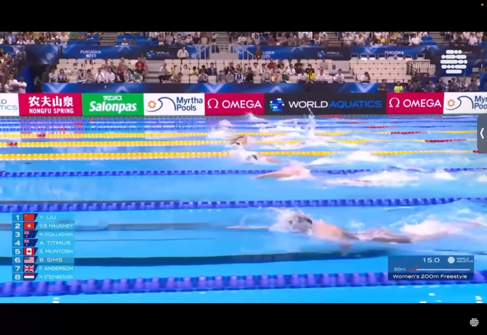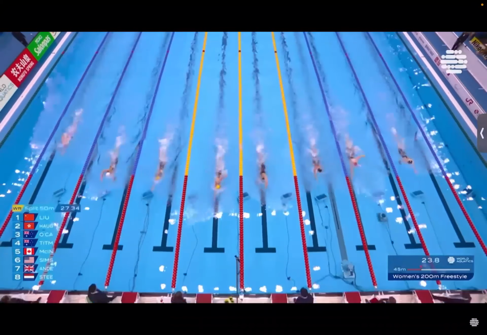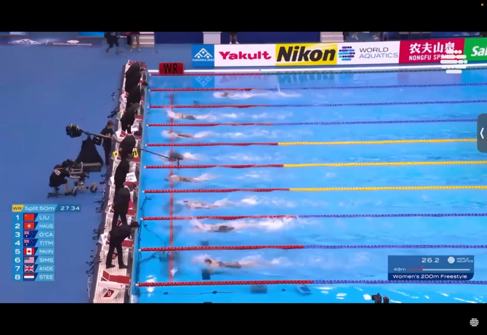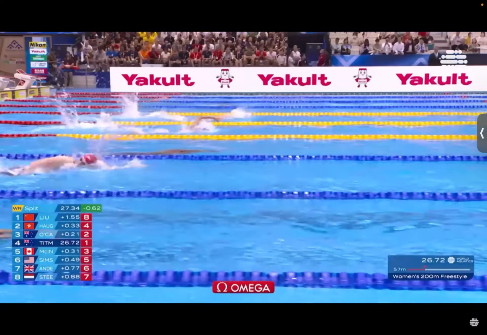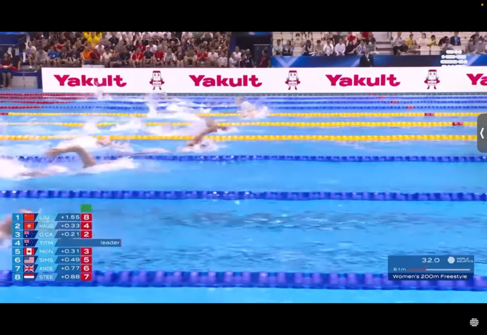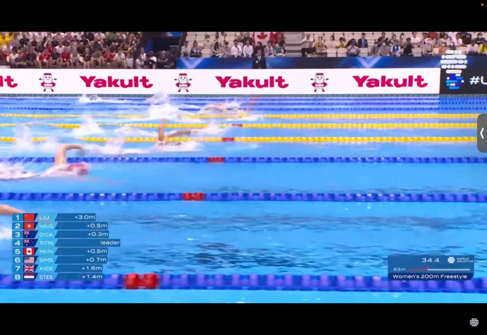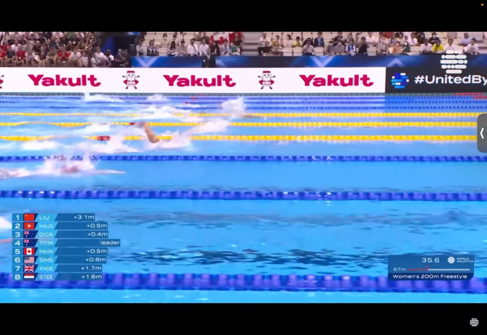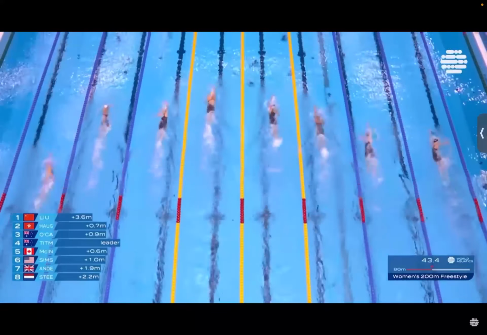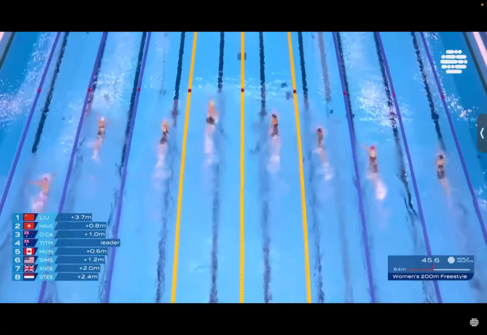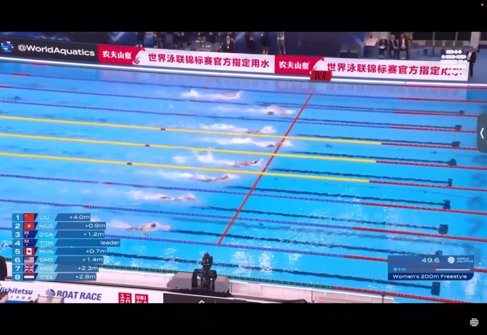We know Ariarne Titmus loves to play catch me if you can, trying to assert a little bit of dominance over the field. But there's plenty of back-end speed here. Titmus turns first. That world record is under danger. She's 0.6 under that mark already. That world record has stood for a long, long time, since Rome, 2009, Pellegrini of Italy, 1:52.98. We'll be keeping our eyes on that. At the moment, Ariarne Titmus is under world record pace.